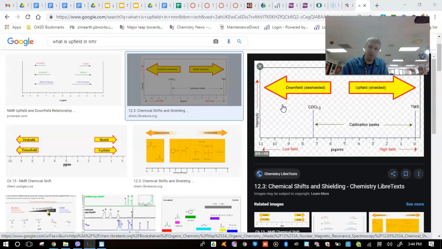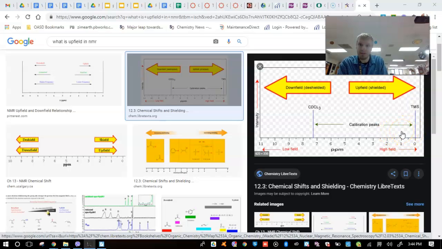So they're going to draw electrons towards themselves, therefore de-shielding that hydrogen proton. If the entity is not very electronegative, those electrons around the hydrogen proton aren't going to be pulled away, and therefore we're going to call that shielded. So right up here is shielded, where electrons are not pulled away.